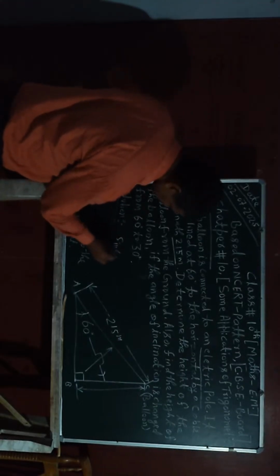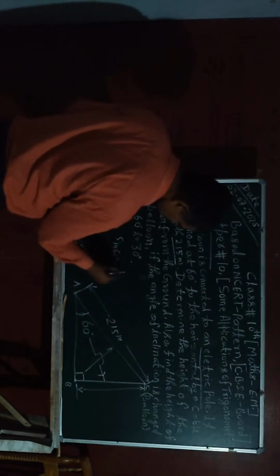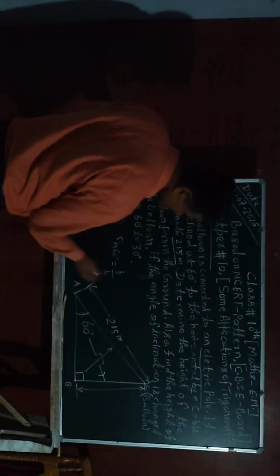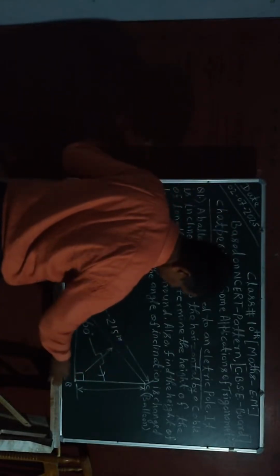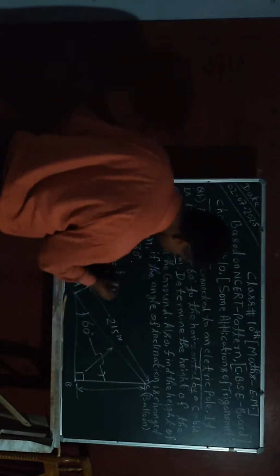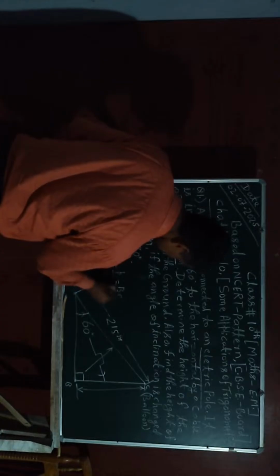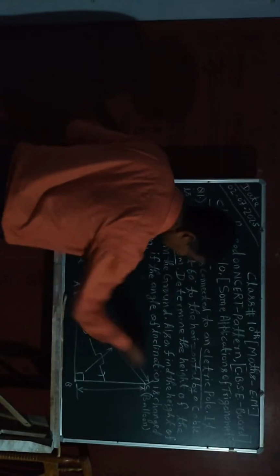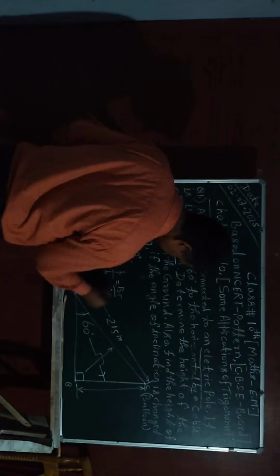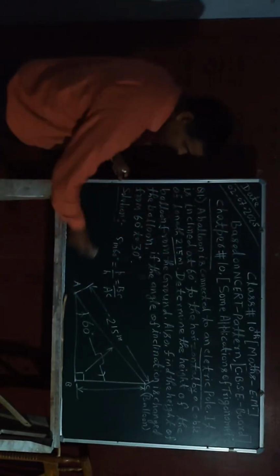Sine 60 degree is also known as perpendicular divided by hypotenuse. The length of perpendicular is BC. I will write here BC divided by AC. Okay. Further value data I am going to erase. After erasing, I will find the value BC.